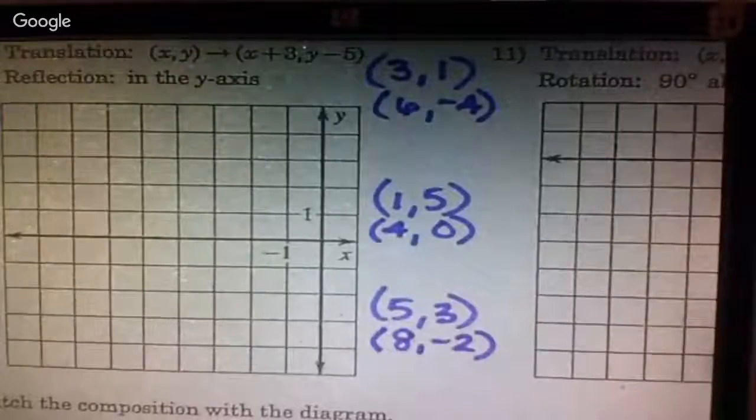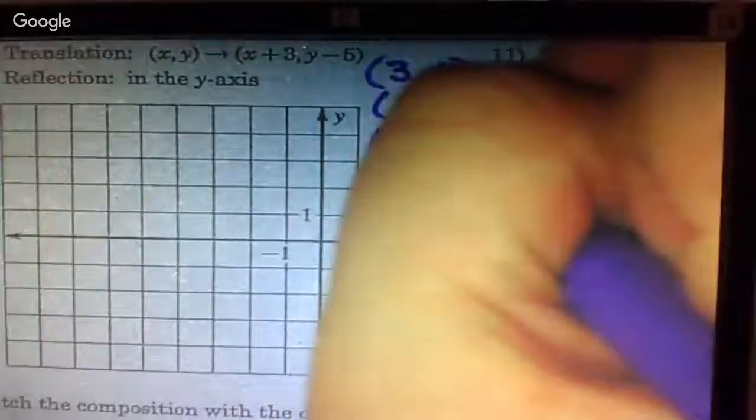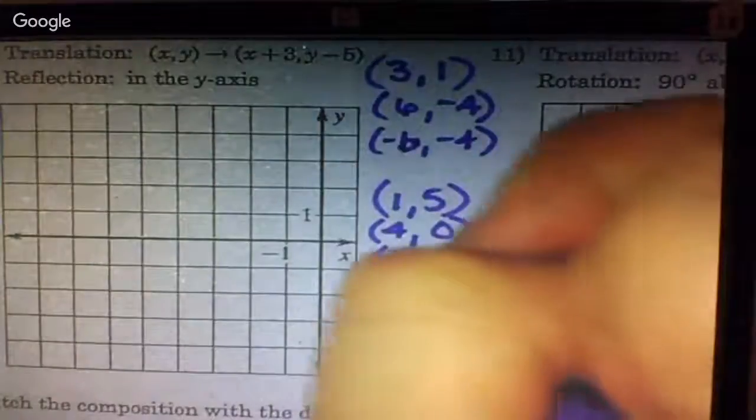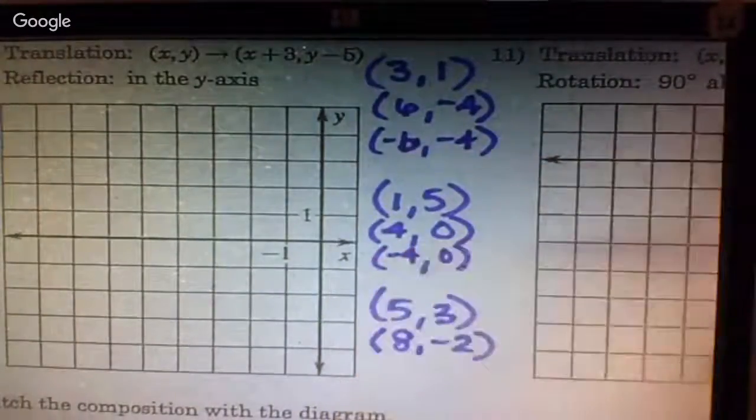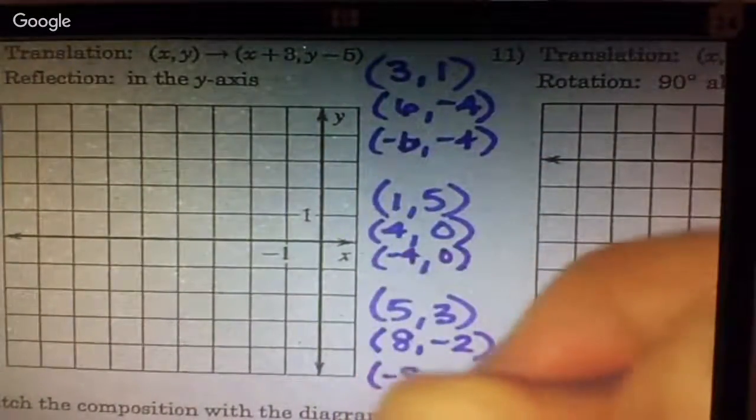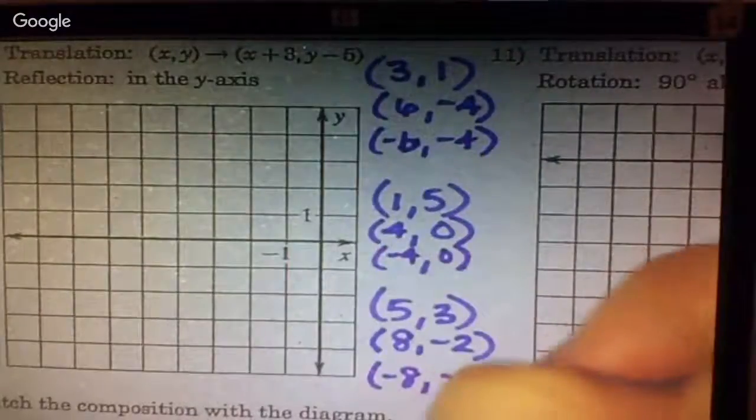Reflection in the y-axis. Your y-axis goes up and down, so what's changing? The x's. So, negative 6, negative 4, negative 4, 0, and negative 8, negative 2.